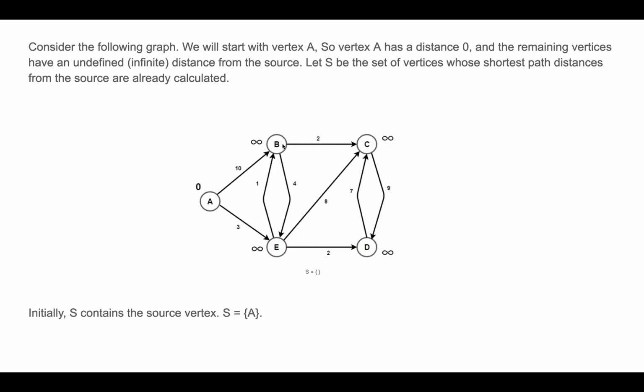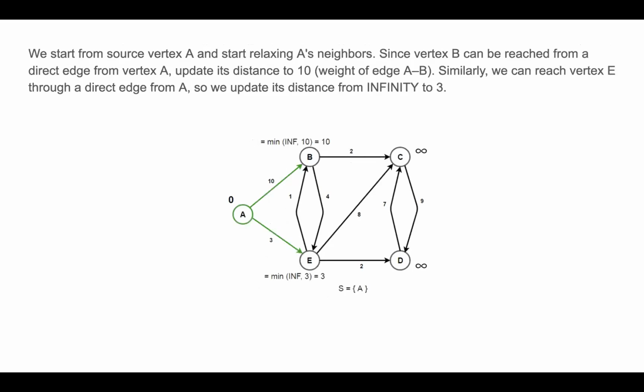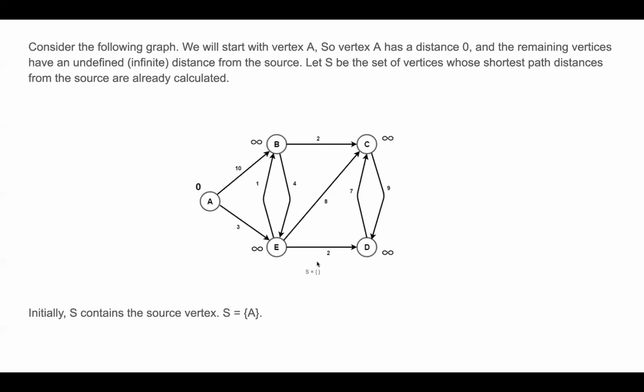From A to B, A to C, A to E and A to D, we have to deal with the shortest distances. At first we don't know them, so they are given as infinity. And this set is empty at first.